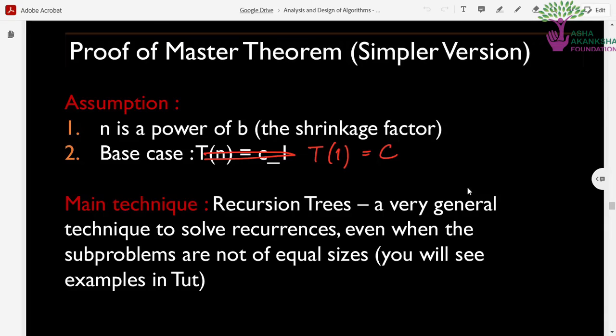Many recurrences can be solved using recursion trees because each divide and conquer problem can be visualized easily with the help of trees, and hence mathematical calculations can be applied easily. And when we are using recursion trees, as it is a very basic thing, we can disregard that particular assumption. We can solve problems even without the assumption of the subproblems being of equal sizes.